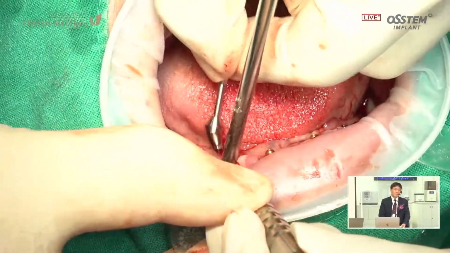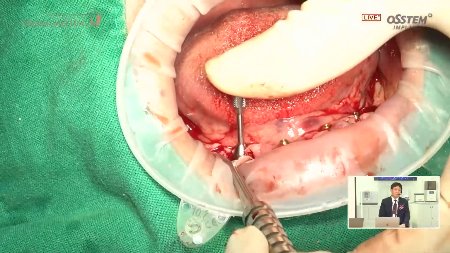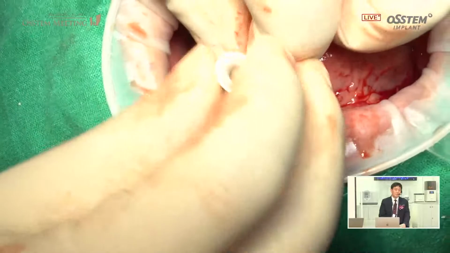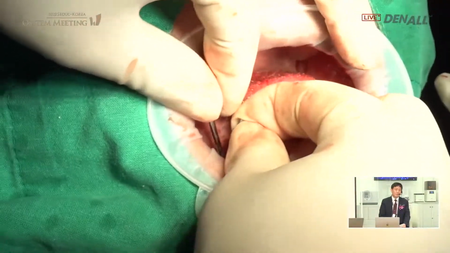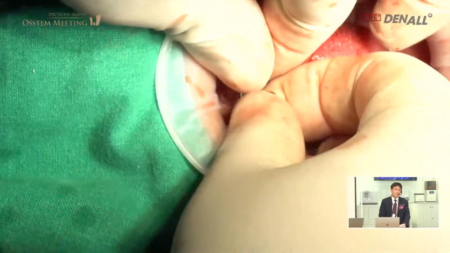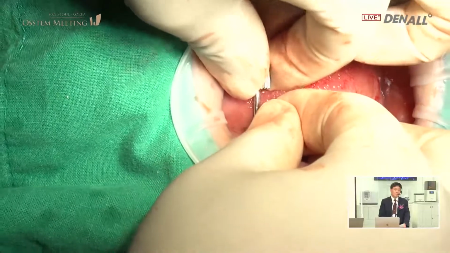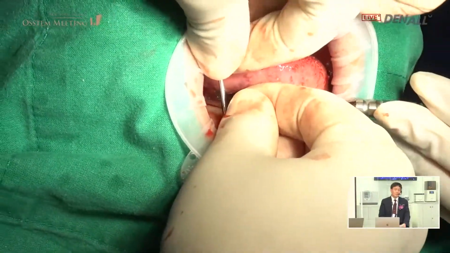Suction. Please remove it. I cannot really see.